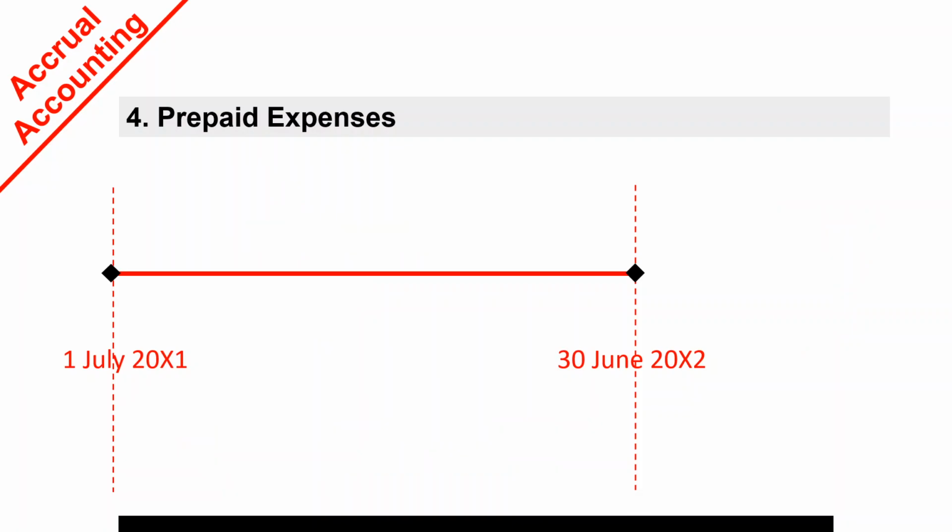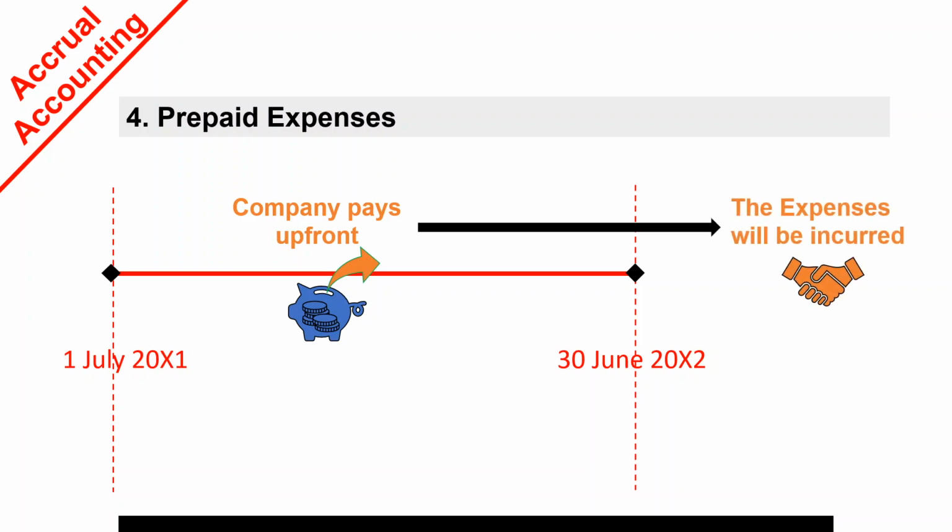Okay, let's move to the final important transaction related to accrual accounting. That is prepaid expenses, or you can call it prepayments. Company makes an upfront payment, so the cash asset decreases. Part of this payment may be relevant for the same accounting period, or the entire amount could be relevant for the next accounting period.